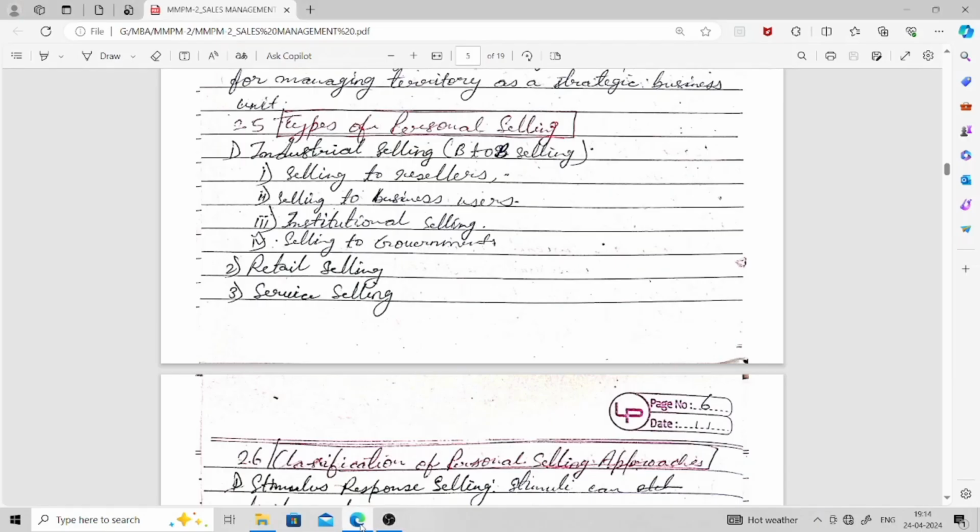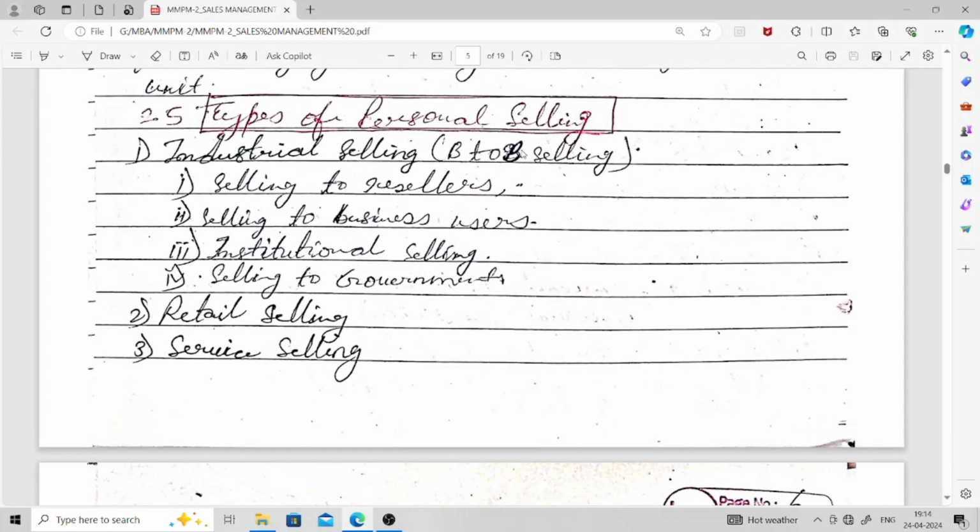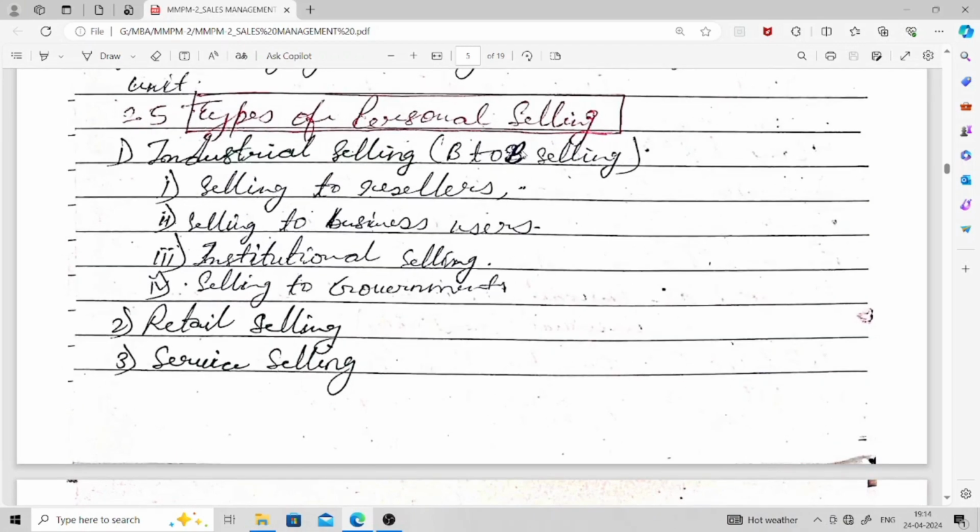I think we were here, types of selling. So what different types of personal selling are there, that's what we have to discuss also.